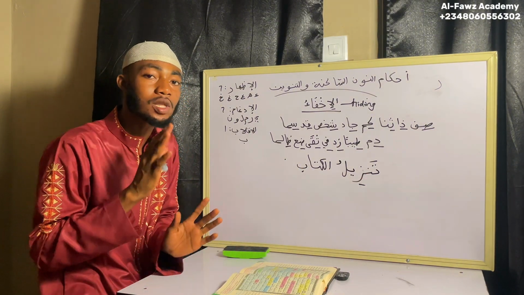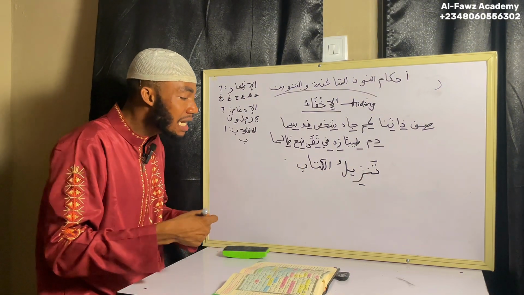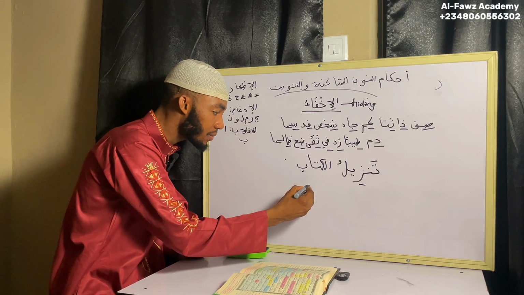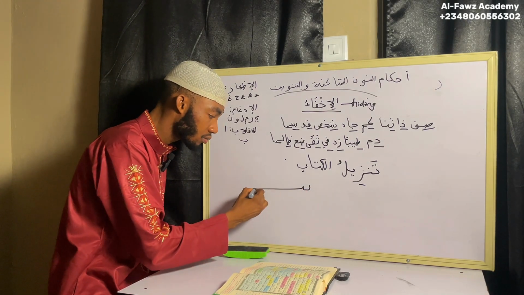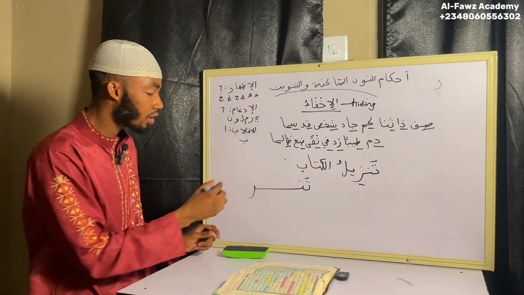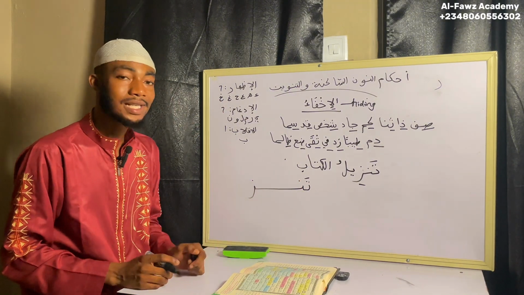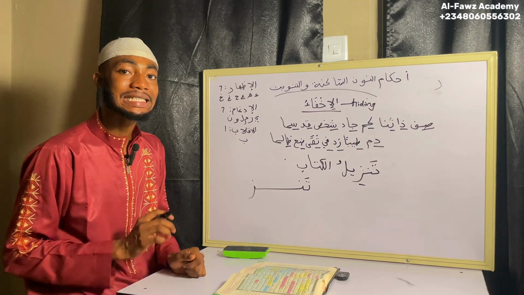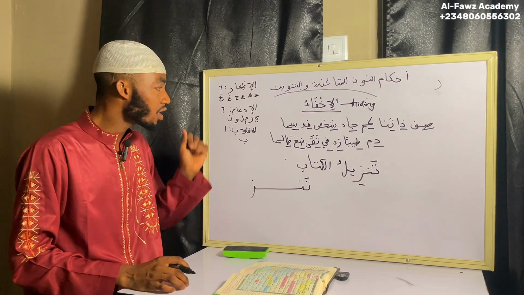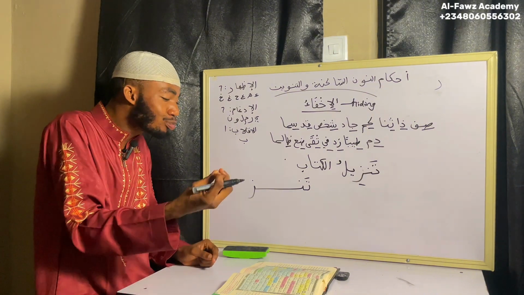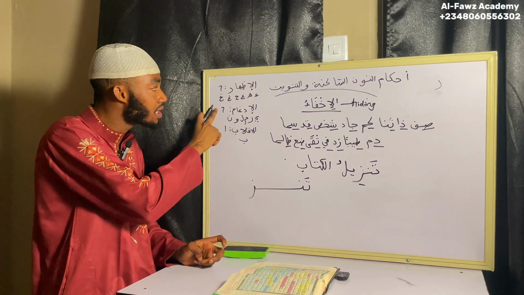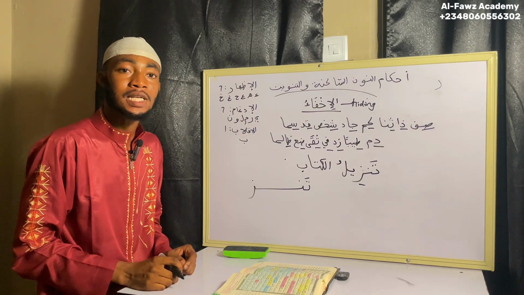But you want to show the Nuun Sakinah on its own. This is Izhar, for example: Tanzilul Kitab. That's Izhar. For Idgham, you are putting the Noon totally into the Zai, imagining that Zai is one of these 6 Arabic alphabets. It would be Tanzi.